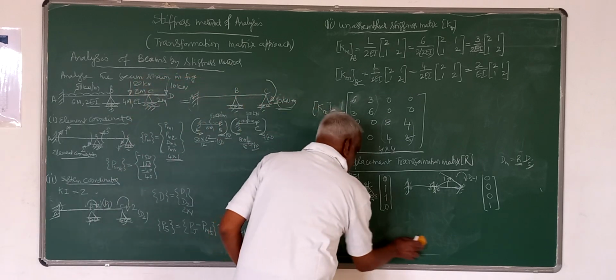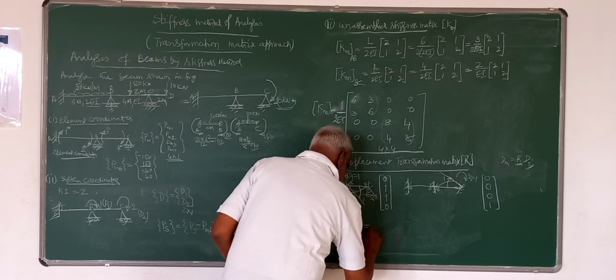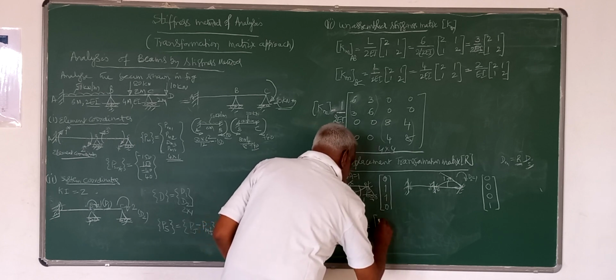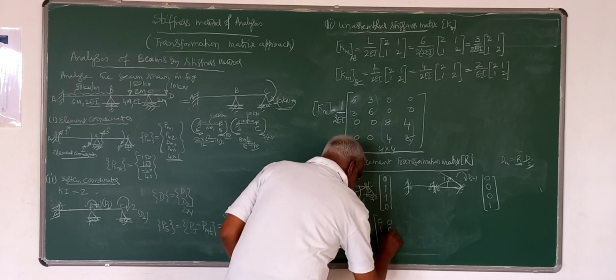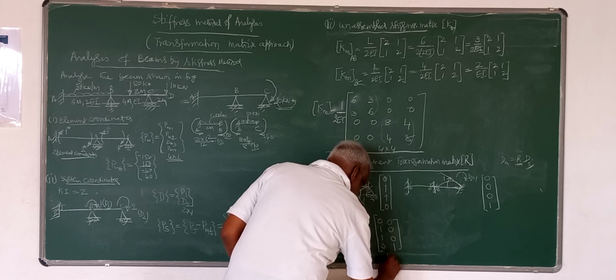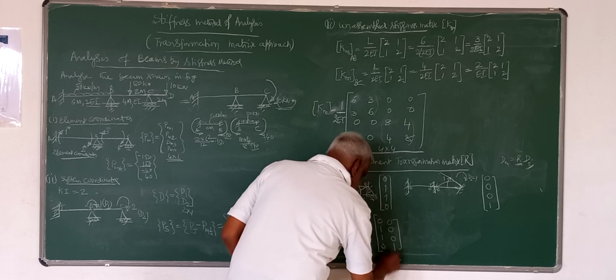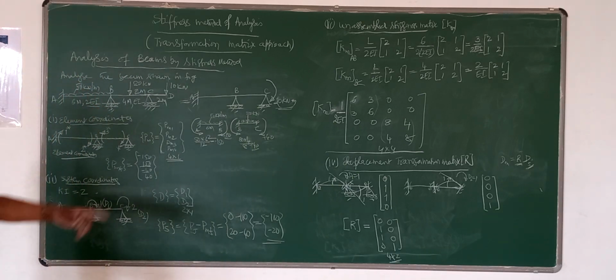Therefore, you got R, the displacement transformation matrix, it will be 0 1 1 0 0 0 1. It is a 4 by 2 matrix. This is what we have to do in the fourth step.